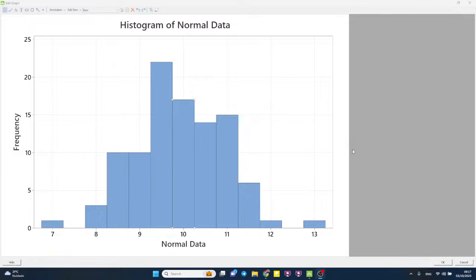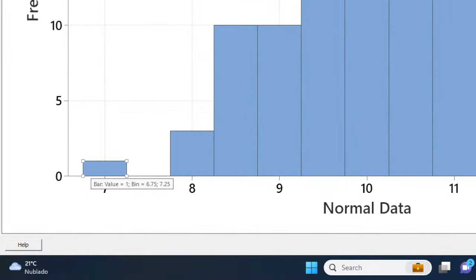Okay, so let's understand how it works. When I say there is a bar like that, with value 1, there's a bin, an interval from 6.75 to 7.25.